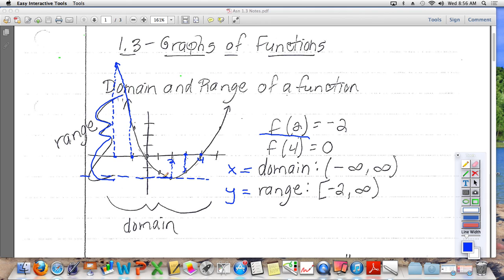So we're saying here that the range is everything from -2 all the way up to positive infinity. If you have the equation, you can type the equation into y equals in your calculator, make a table, and when you look at your table, you will see that the y values in this situation would never be any lower than -2. So they'd always be -2 or they would be greater than that.